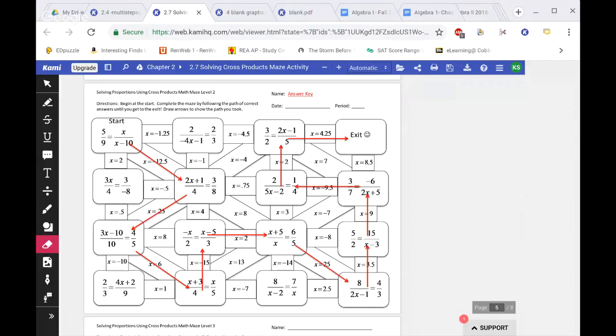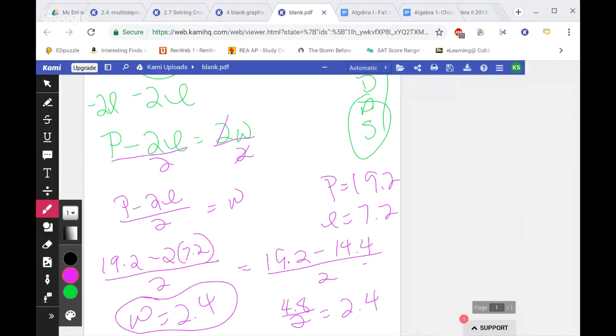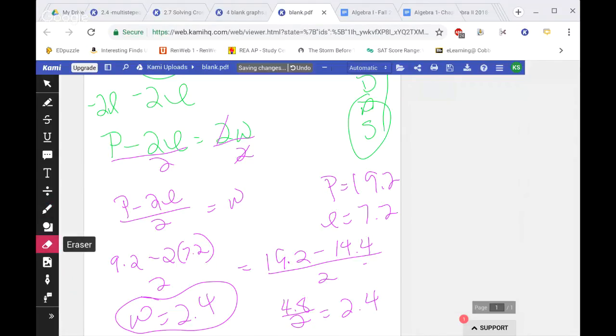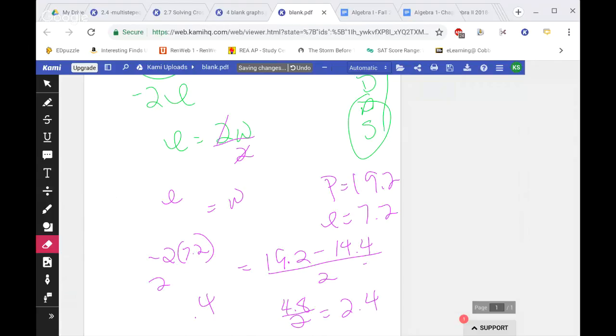Could you do the far right bottom corner? Far right bottom corner. I'm going to guess that's 8 over 2x minus 1. That one? Yep. Okay. I'm going to switch over to here and erase this stuff, because I want to make sure that you can clearly see it.